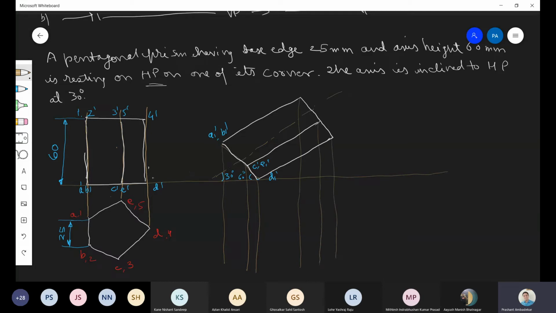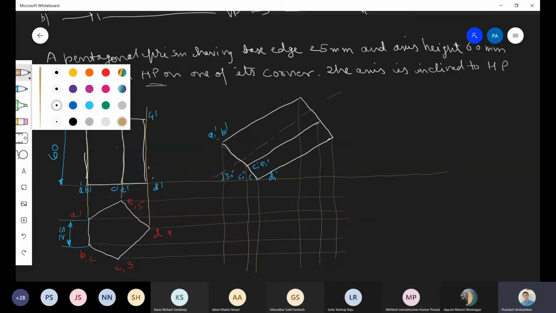And at the same time we'll project these lines, horizontal lines. So when you are drawing it with the help of pencil and scale, then it will take more time. Okay, I'm drawing it freely so I can do it quickly.